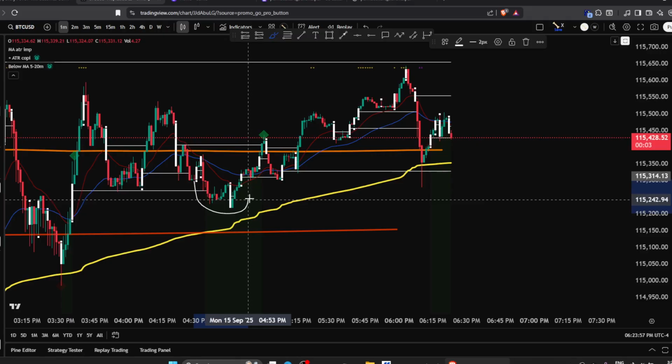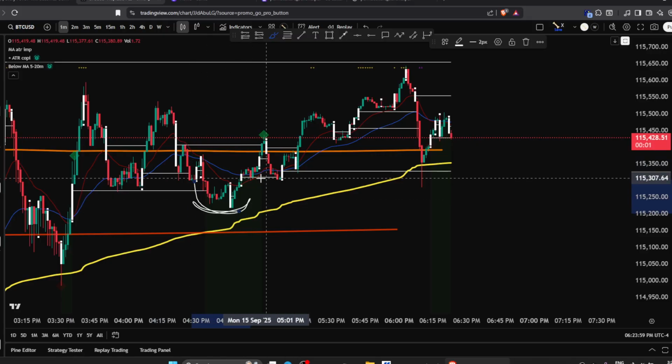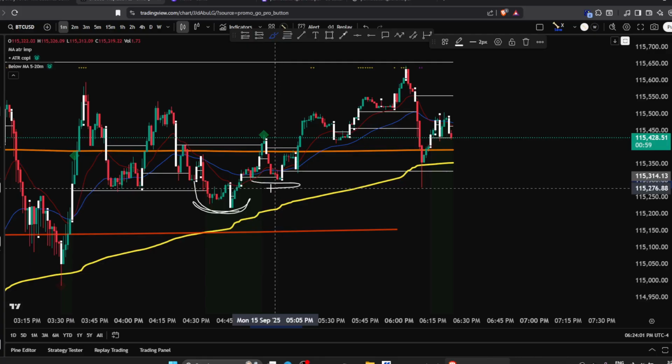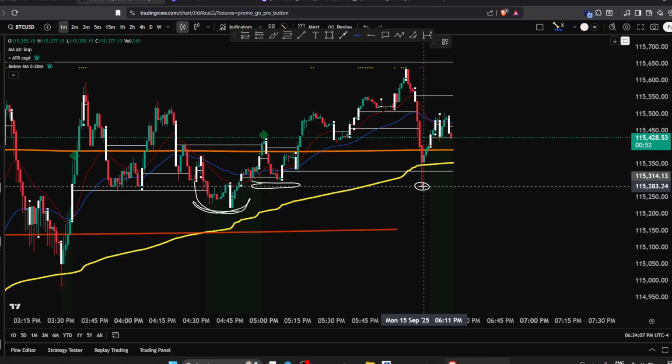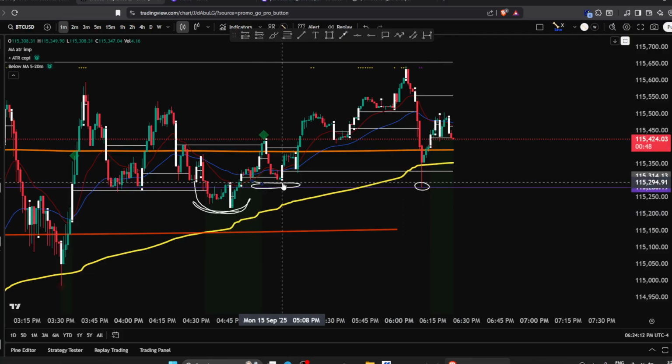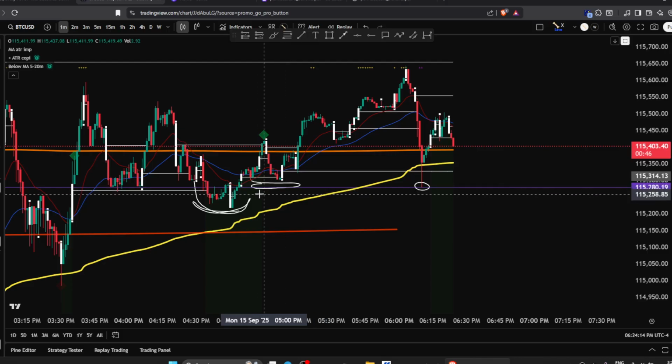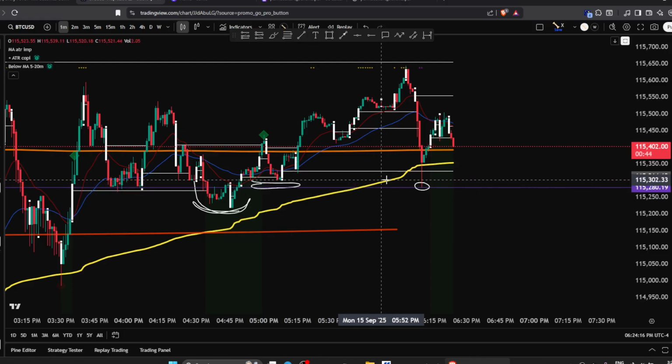So here's a swing low, but here's also a flat spot for where people would be putting their stop losses. And then this point right here is just below there, so those orders would have been taken out.